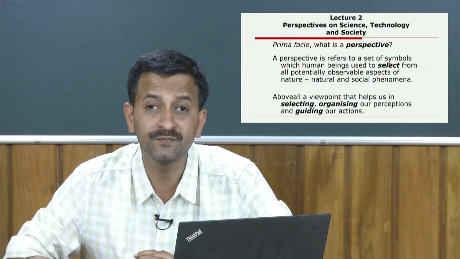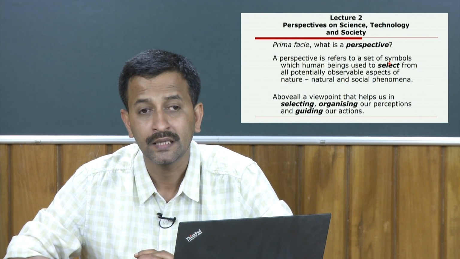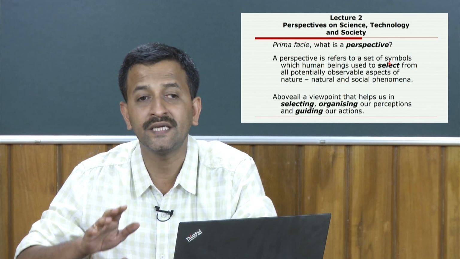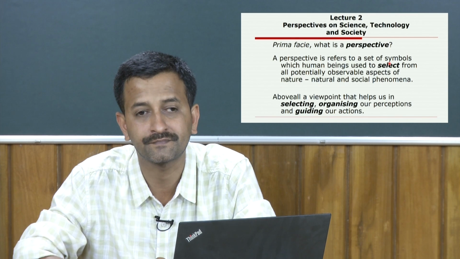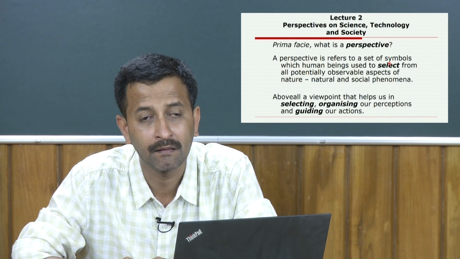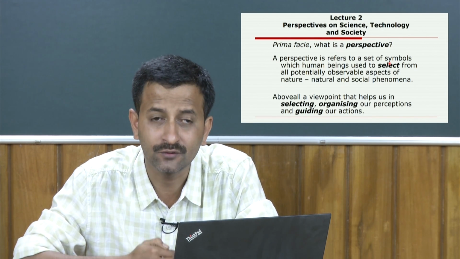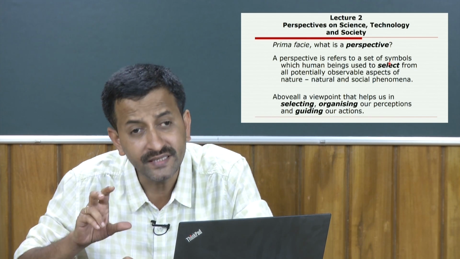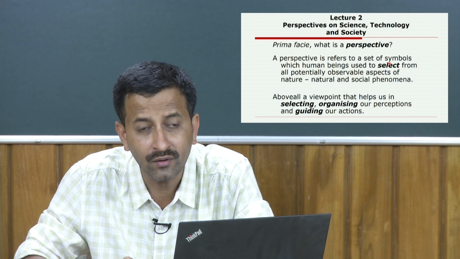There is a difference between a perception and a perspective. A perception is the immediate contact that individuals have with nature. Again, when I say nature, it includes both natural and social phenomena. That immediate contact must be tested as right or wrong.